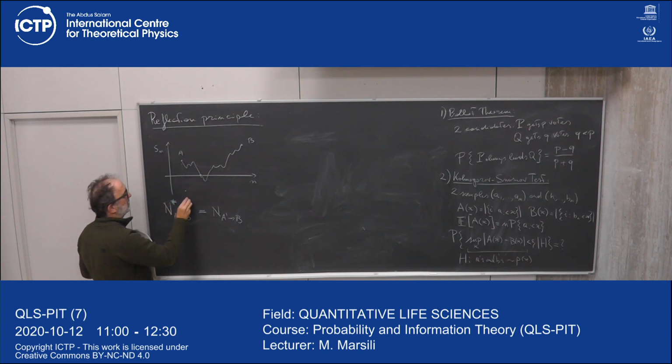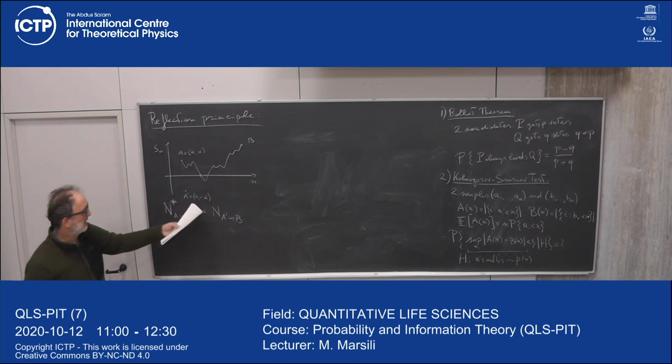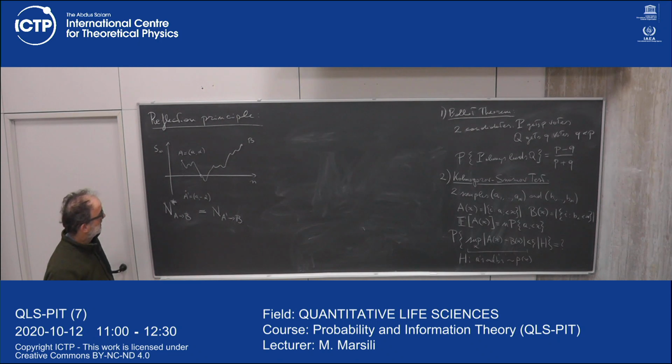So if this point A has coordinates A and alpha, then A prime has coordinates A and minus alpha, where both A and alpha are integers.